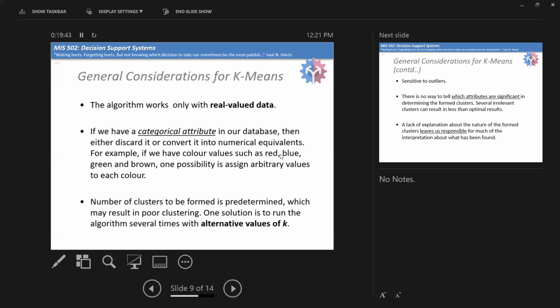So the k-means algorithm works only with real numbers, which means numbers with fractions and so on. If you have categorical attributes, categorical means like male, female, or anything which you can put in categories, then we'll learn later how to deal with it, towards the end when we talk about different clustering techniques.